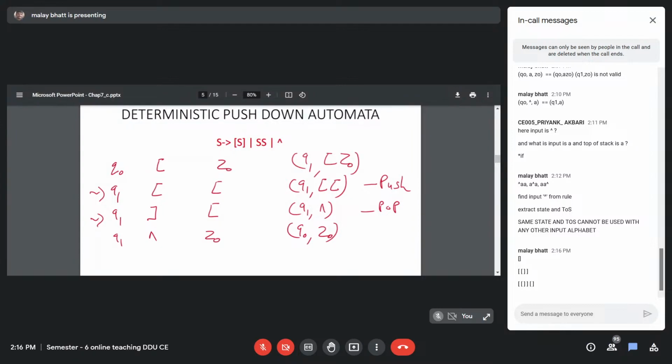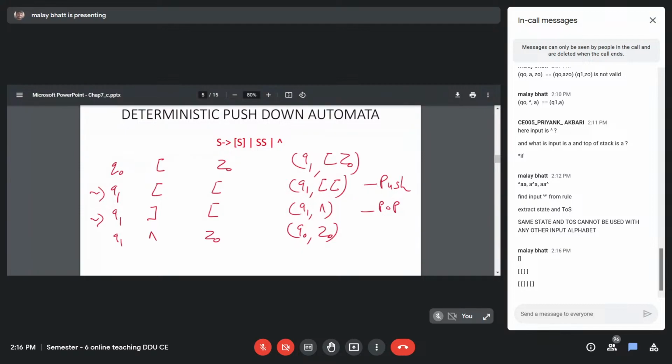To achieve the goal, we have to push the opening bracket and match it with the corresponding closing bracket. We'll push all the opening brackets and match them with the closing brackets. Also, null is a valid string.